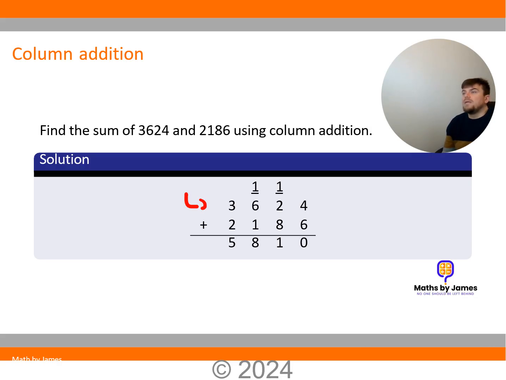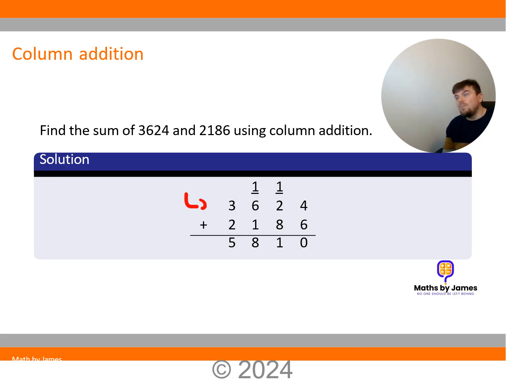So what we do here is 4 add 6 is 10, which means we've got 0 ones and we've got 1 in the tens. So now we do 1 add 2, which is 3, add 8, which is 11. So we've got 1 in the ones and then 1 in the hundreds as well.